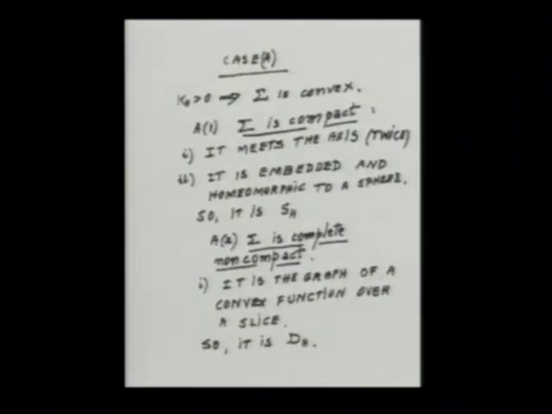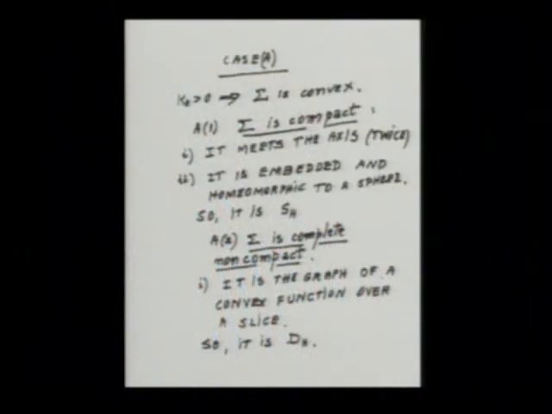So, in case A, we know from a recent paper by Rosenberg, Galvez, and Jose Maria Espinar, to put in the correct order, Espinar, Galvez, Rosenberg, that it's a convex surface.